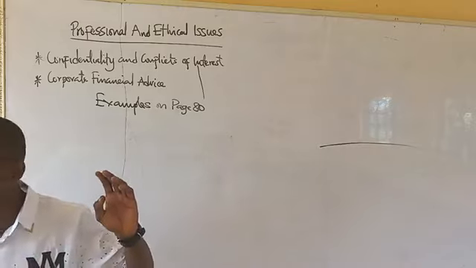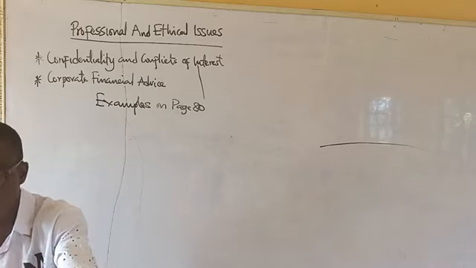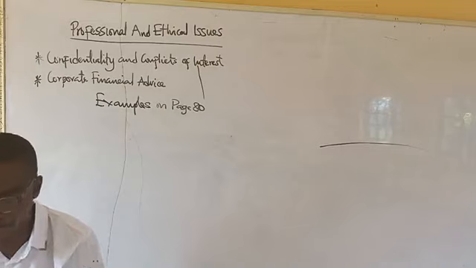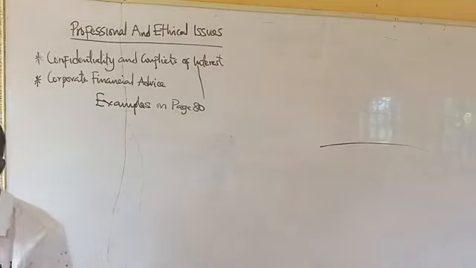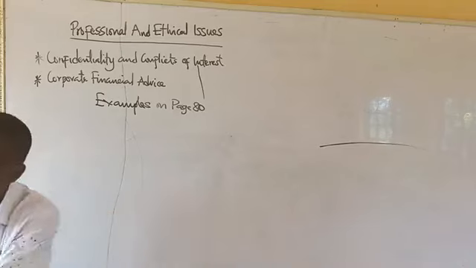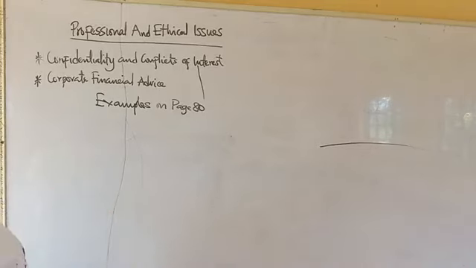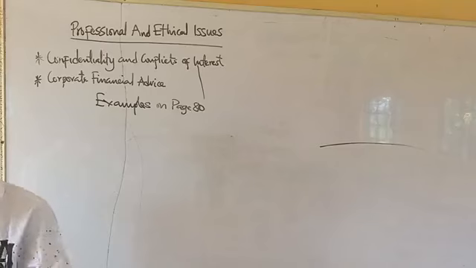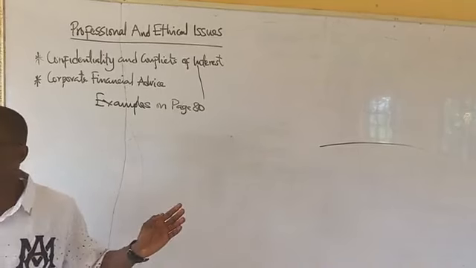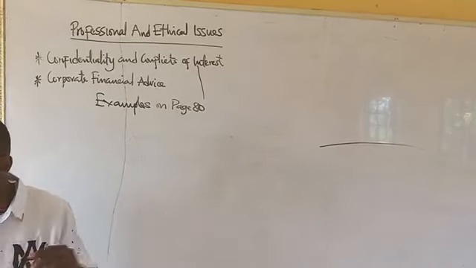That's the safeguard. Are we together? Even though they accept that engagement, he should not take part. And if they know that he will still oversee the audit, the audit firm should not accept that engagement. Do you get what I'm saying?